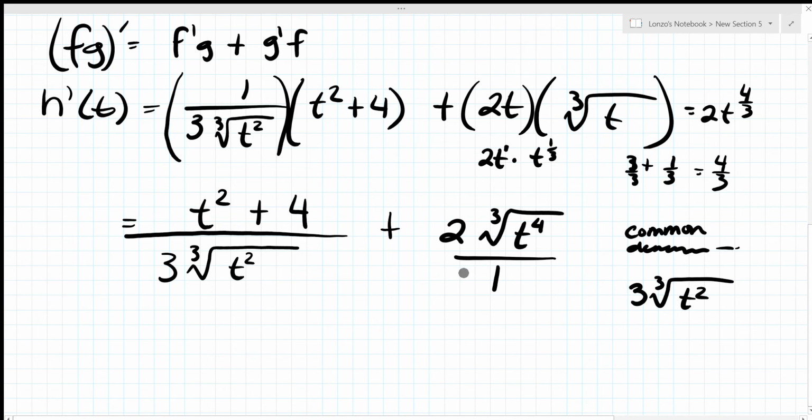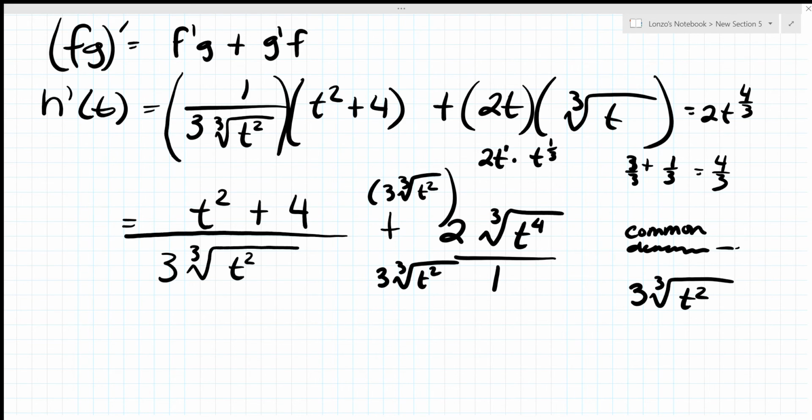So I just have to multiply this part by 3 times the cube root of t squared, both top and bottom. We don't have to do anything about this, because this already has the common denominator. We don't have to do anything with this.